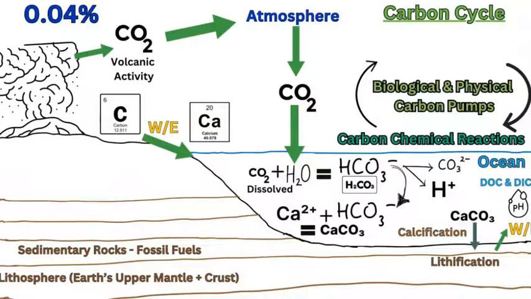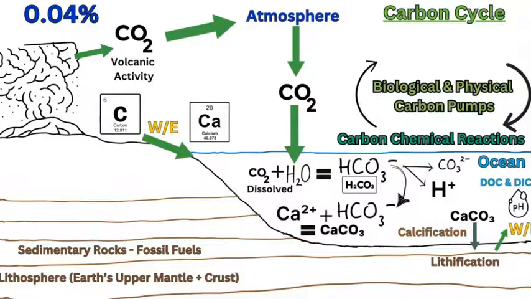Now, this is the main cycle of carbon that goes back from the oceans into the lithosphere, and this is called calcification. So what happens is the CaCO3 is used by marine animals to build their shells and their skeletons or exoskeletons, and once those animals die, they fall down to the ocean floor and accumulate along it.